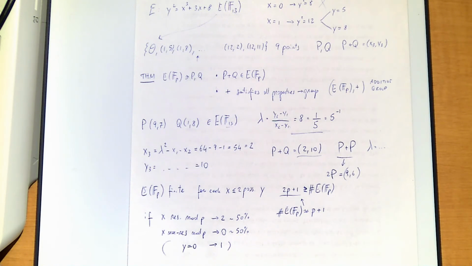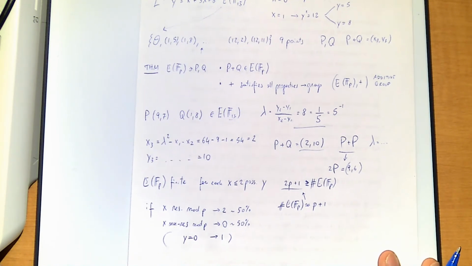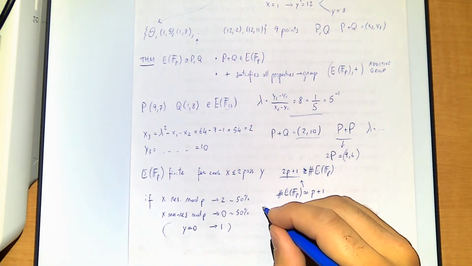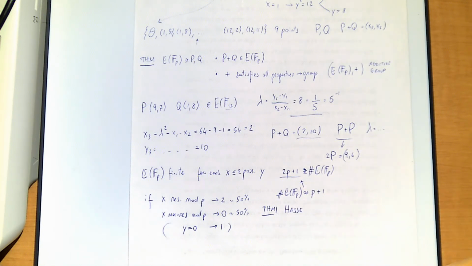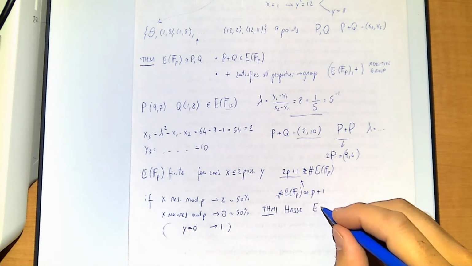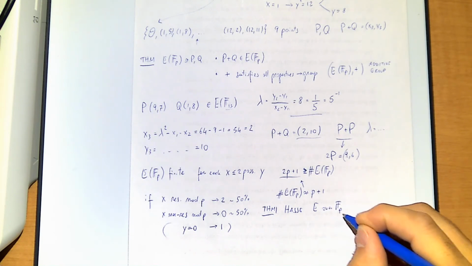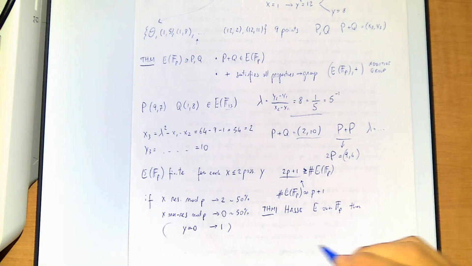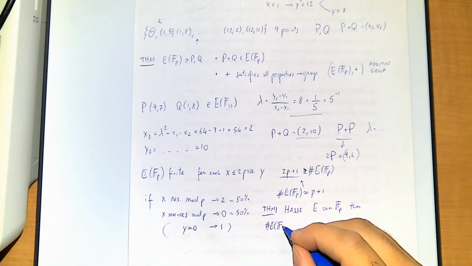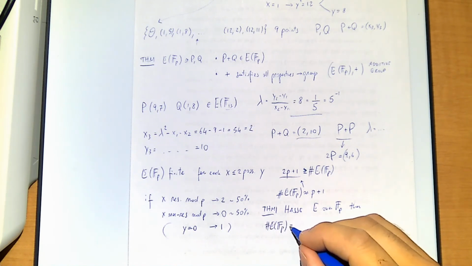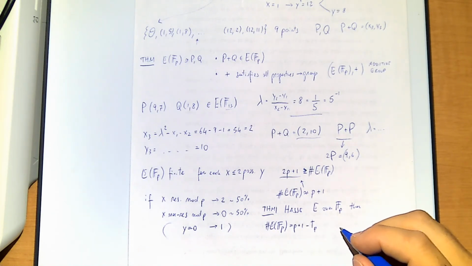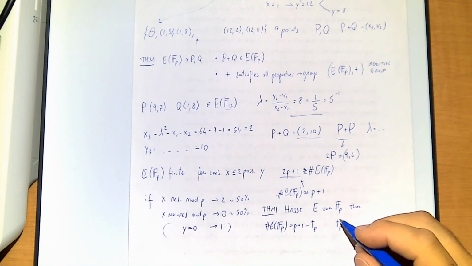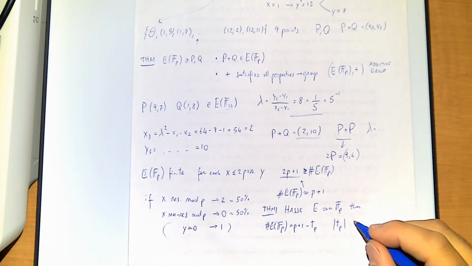And to conclude this first investigation, we cite a result by Hasse, which tells us that if I consider an elliptic curve over Fp, then the number of points on this elliptic curve is given by p plus 1 minus this quantity Tp, and Tp satisfies this inequality: it is bounded by at most 2 square root of p.